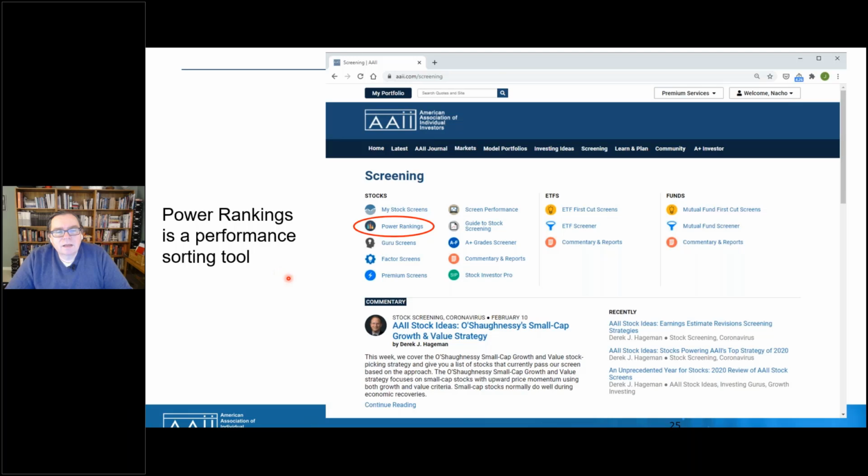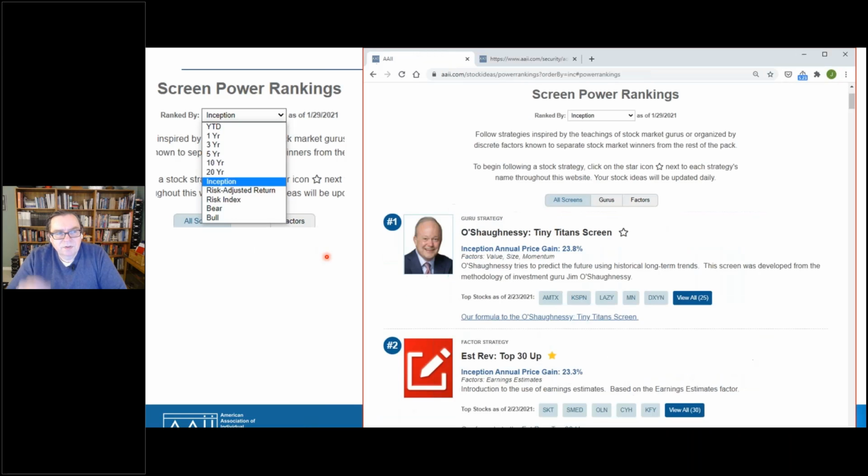So some of the tools I'm going to focus on now help you rate and rank the different screens based upon different elements of approaching. Power rankings is really just a sorting tool. If you go to the screening page and click on power rankings, you can determine how you wish to sort your screeners.